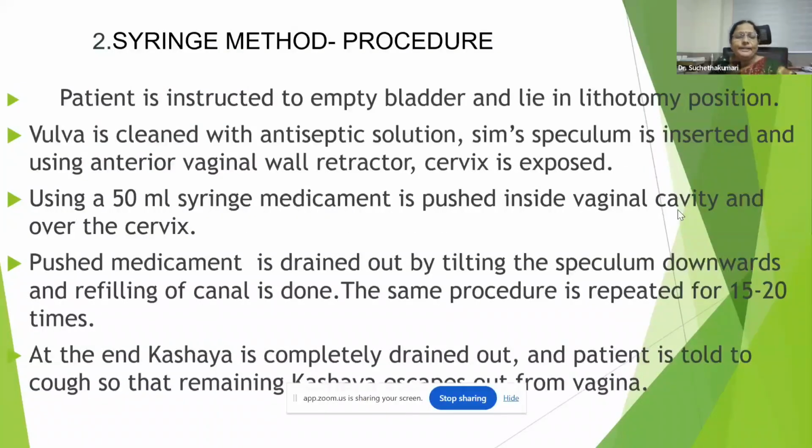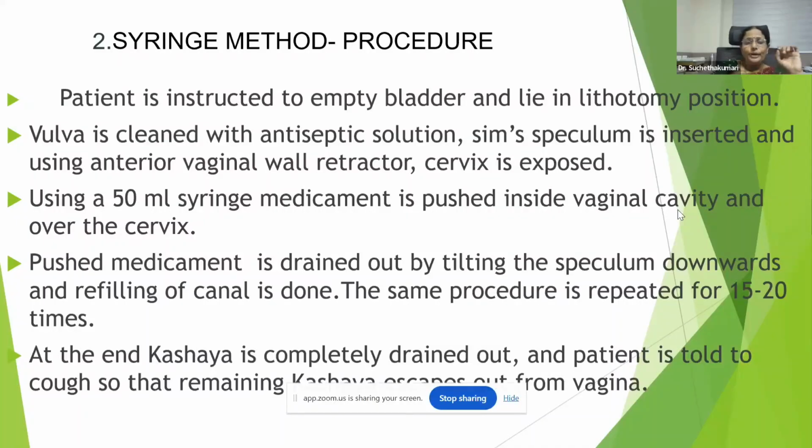Next is the syringe method. In this alternative method, we take a syringe of 50 ml capacity, fill the syringe with the medicament and push the liquid inside the vaginal cavity. After the 50 ml is pushed, it will drain out, and once again we take the medicament and push it into the vaginal cavity.